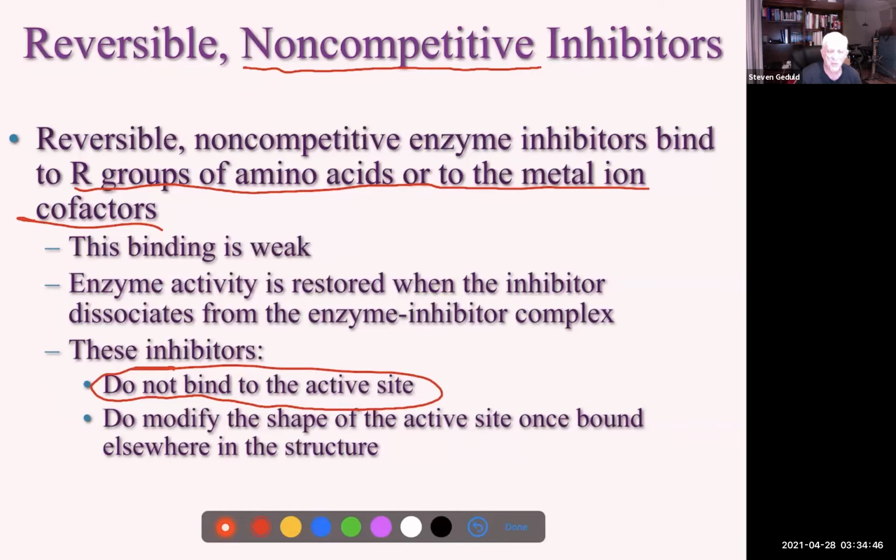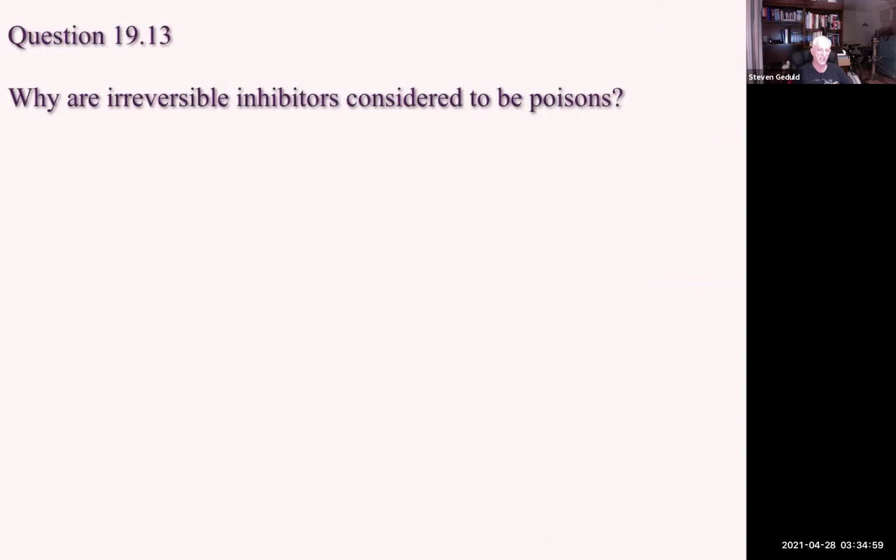All right, so they don't bind the active site. They modify the shape of the active site. Once they're bound elsewhere in the structure, they modify it so the active site cannot be accessed by the substrate, just like a negative allosteric protein. Why are irreversible inhibitors considered to be poisons?